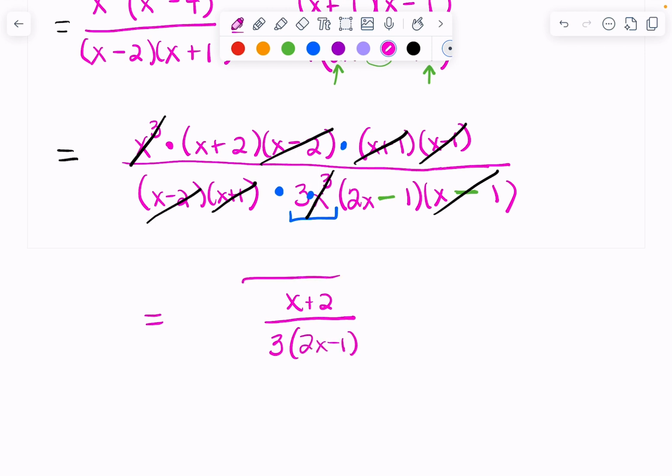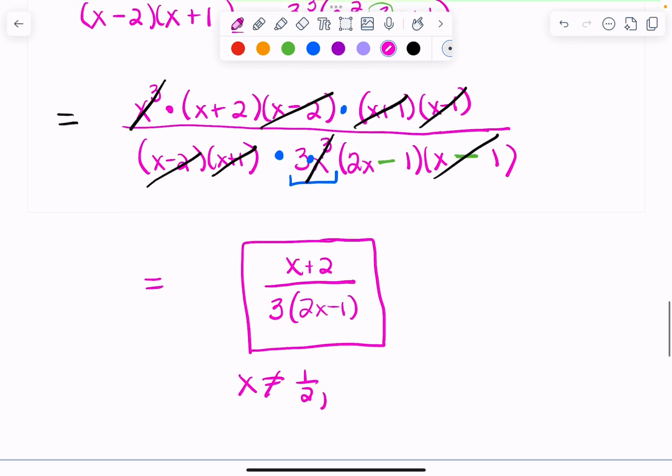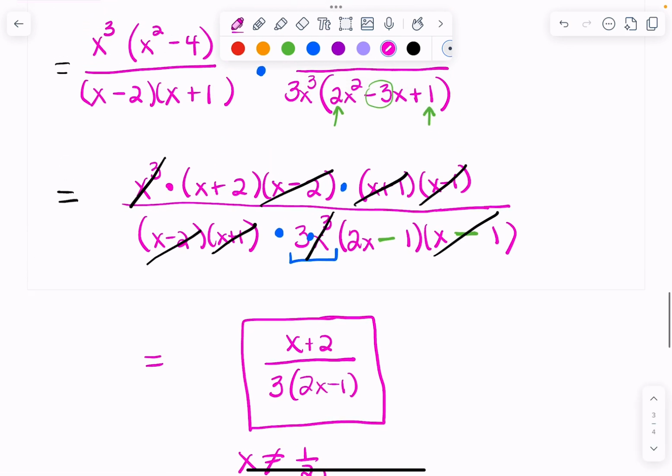And then it's done. Now, listing the restrictions is super annoying. Get ready, get set. Here we go. The easiest restriction of them all is to just give the restriction from the remaining denominator, which is 1/2. But then you got to go back and you got to look at all of the denominators. So here's the deal.